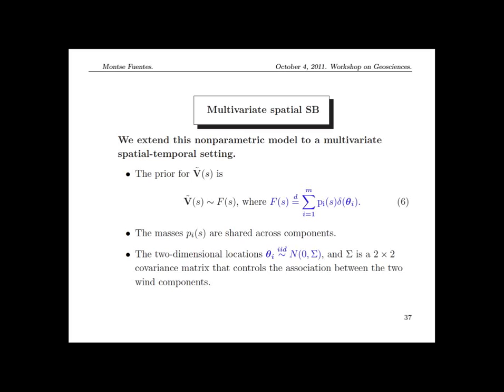The probabilities change across the space using the kernel functions that we have already seen. And now the thetas are two-dimensional because we have the U and the V components, so we have a value for the U and a value for the V. For the thetas, the type of distribution that we assume a priori is a bivariate normal.